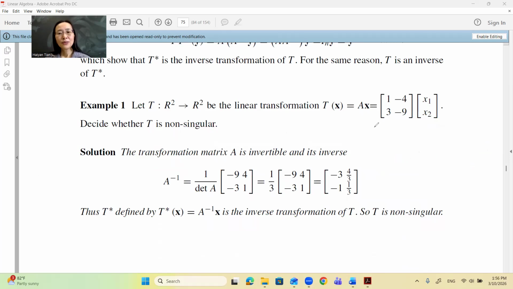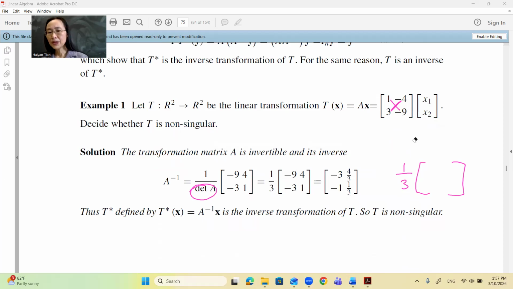So, we know a convenient formula for a 2 by 2 matrix. That is, for this matrix, we do 1 over the determinant of the matrix. The determinant is calculated by multiplying these two numbers minus the product of the other two numbers. And you can see -9 minus -12, which means plus 12. So 3 is the determinant. So the determinant is not 0, because 3 is non-zero.